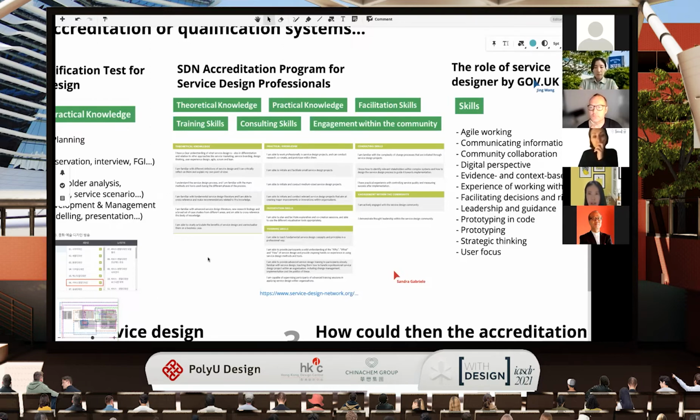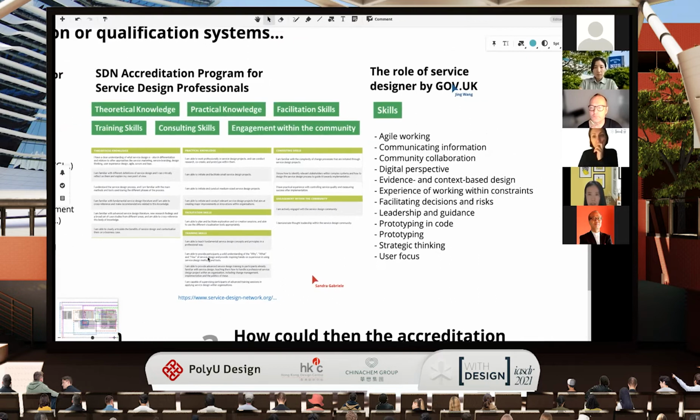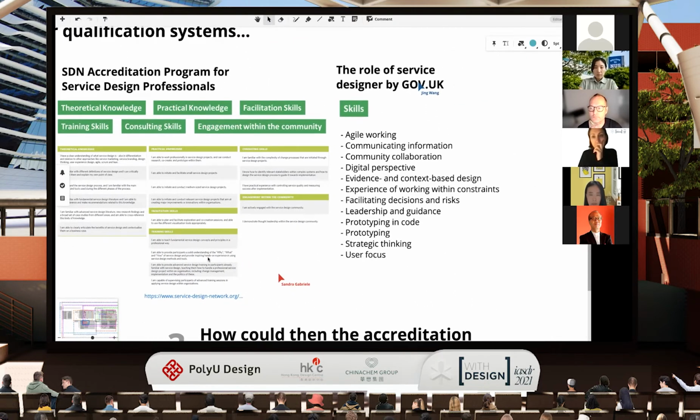And on the other hand, there is the role of service designer defined by gov.uk. This is not a very strict accreditation or qualification system, but they are broadly talking about skills required to become a service designer, which are agile working, communication and collaboration, facilitation, leadership guidance, prototyping, strategic thinking and user focus.